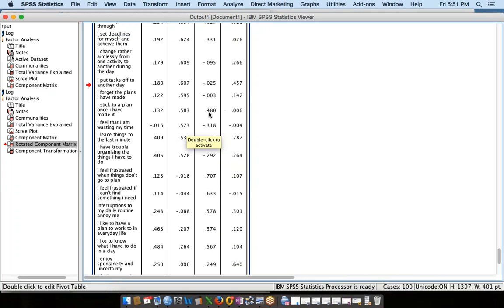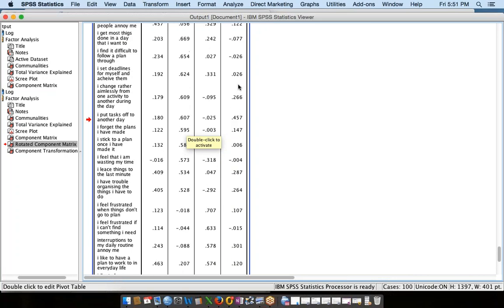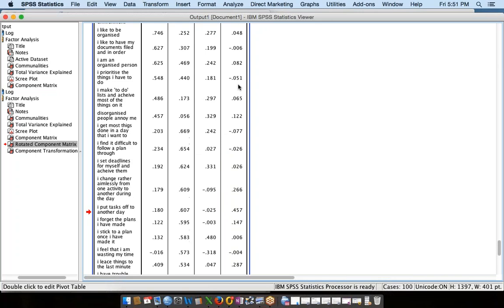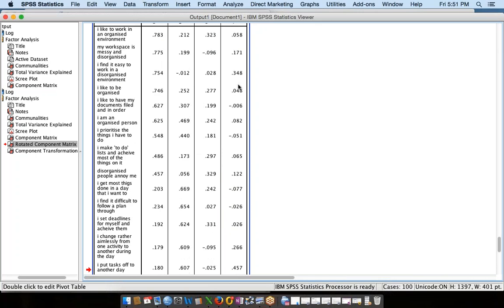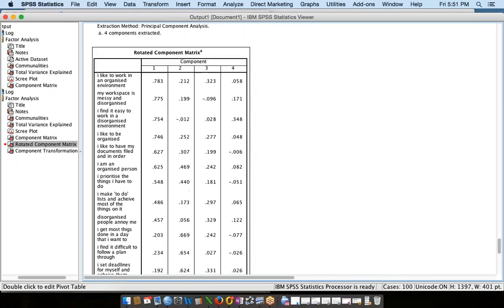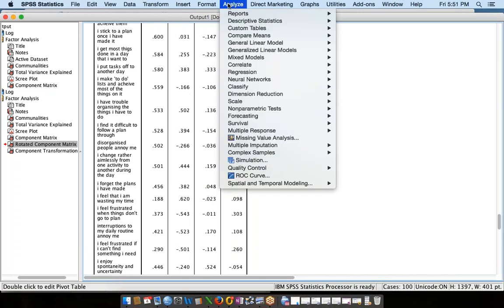Here's another strong cross-loading. Here's another one. So these dimensions are very related, which makes me question whether I should have done direct Oblimin rotation, because these do seem to be related. So I'm going to do that really quick and see what that looks like.